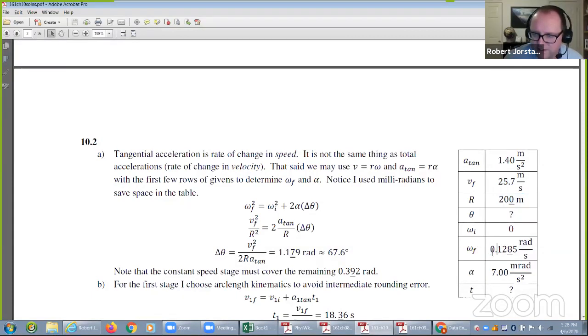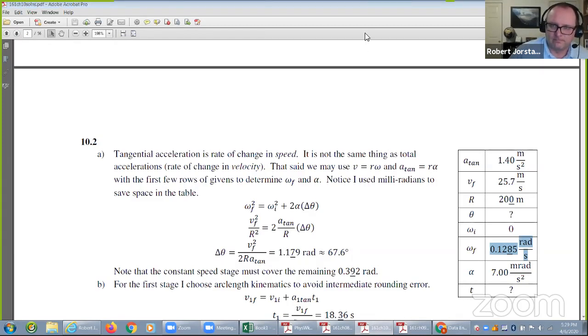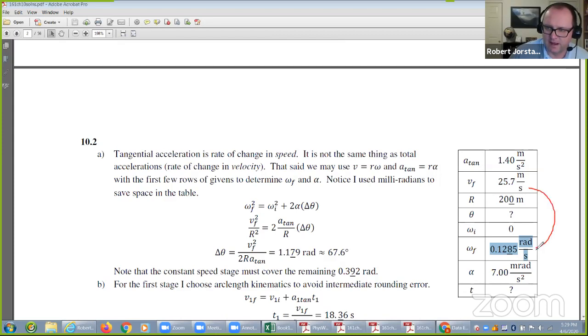Take a look. I do know omega final. How did I get that? I took V final and divided by R. If I divide by R, you can get from V to omega. All right.